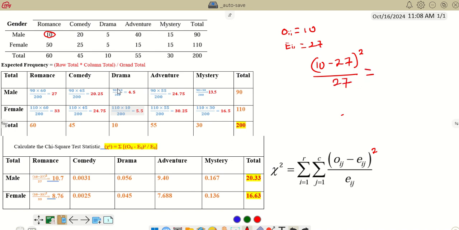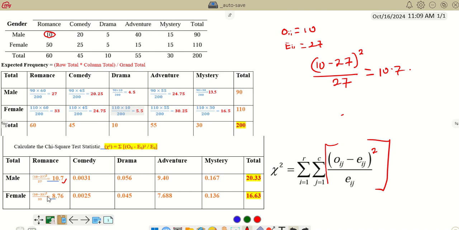So when you do that, we are going to get 10.7 for this one. So that is our first chi-square value. But remember, we have not summed. That is the first part without the summation. This is what I have just calculated here.